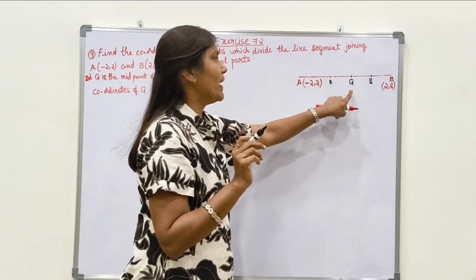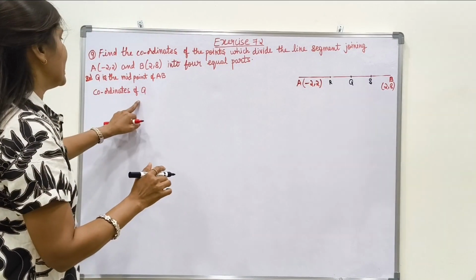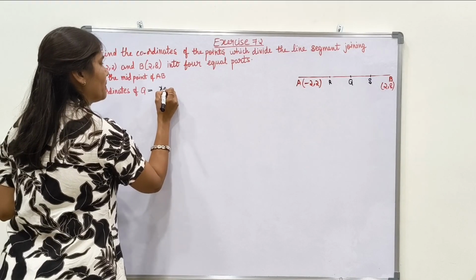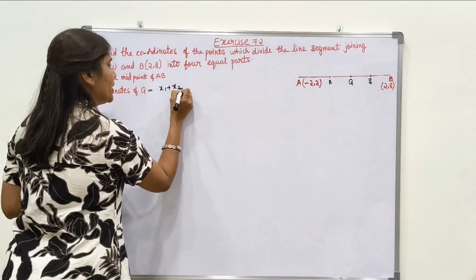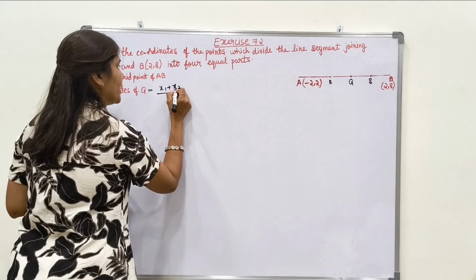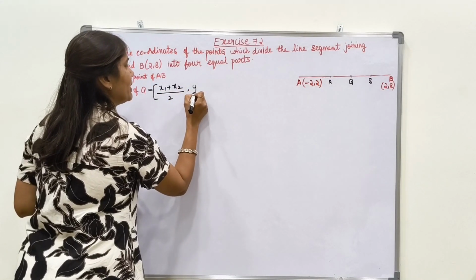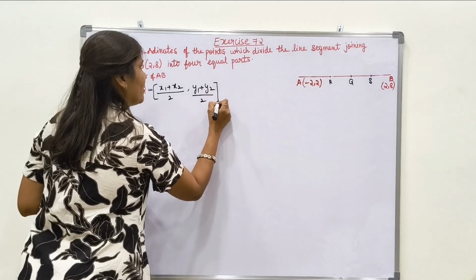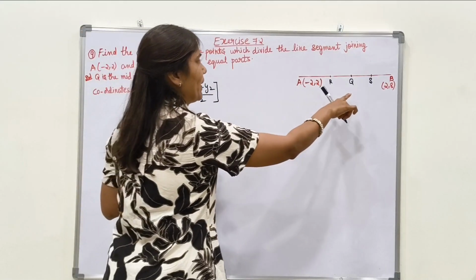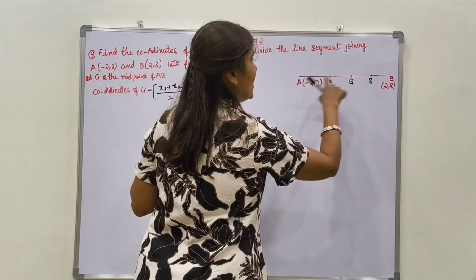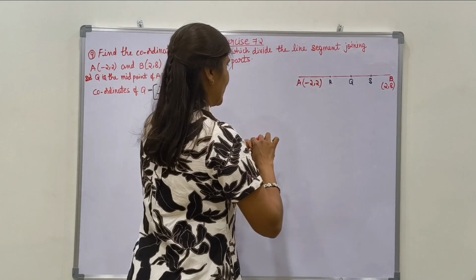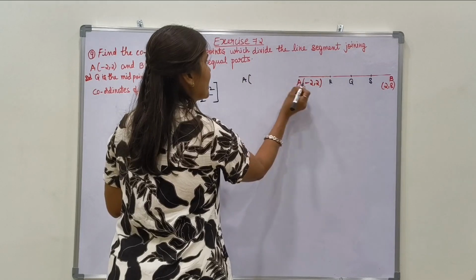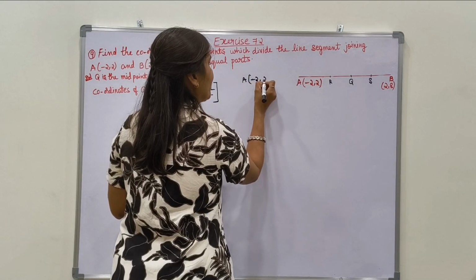Now first we will find this Q coordinates. Coordinates of Q is equal to, since it is the midpoint, we will use the midpoint formula: x1 plus x2 divided by 2, comma, y1 plus y2 divided by 2. Now see here, this point is the midpoint. Here I am writing the A values: minus 2, 2. Don't get confused.